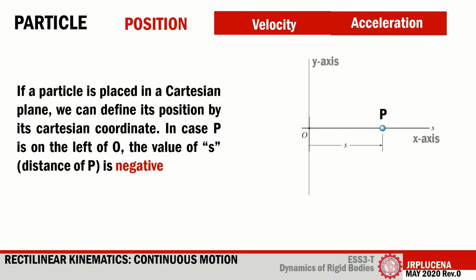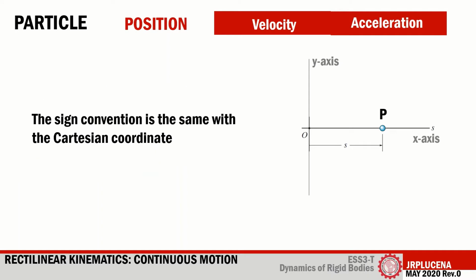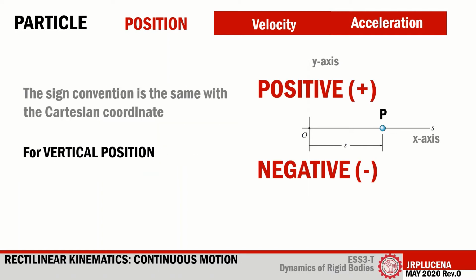Now, if a particle is placed in a Cartesian plane, we can define its position by its Cartesian coordinate. In case P is on the left of O, the value of S, or distance of P, is negative. So it follows the sign convention of a Cartesian plane. If the particle's vertical position is above the origin or above the x-axis, its position is positive.